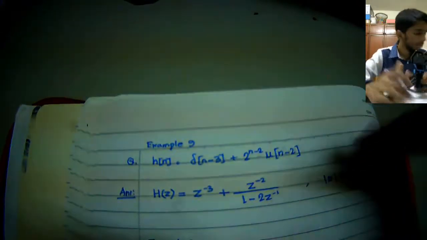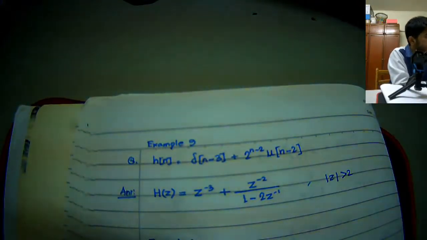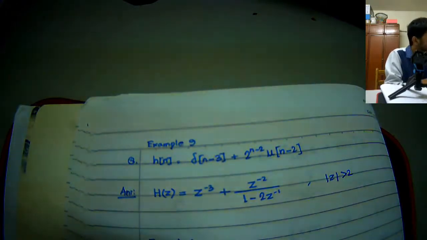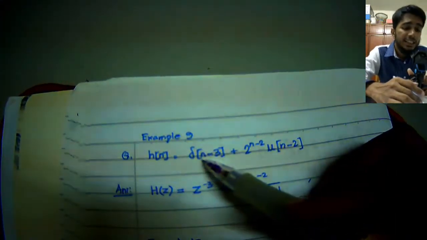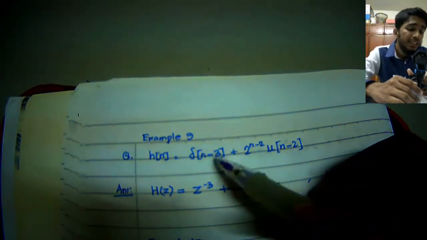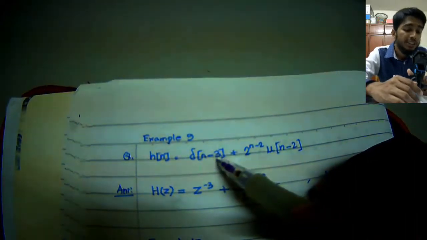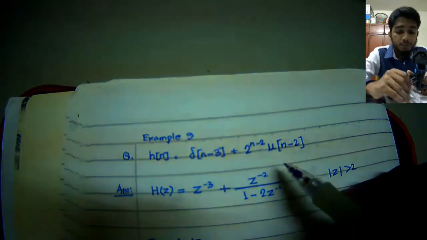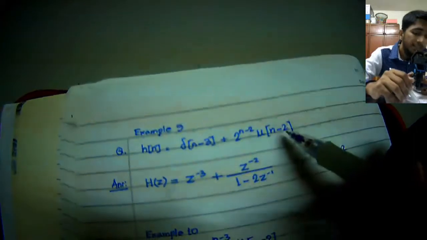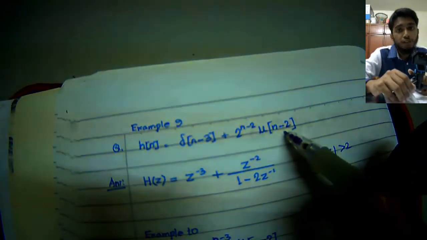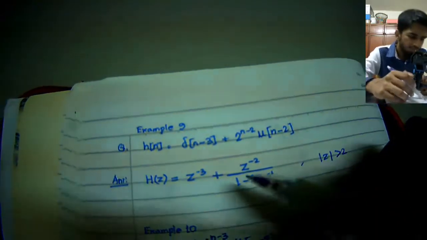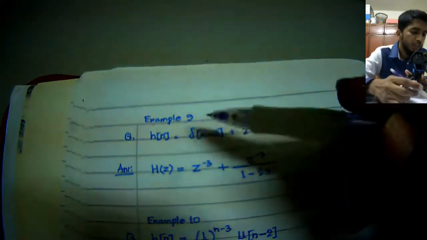Now regarding the second property, which refers to time shifting, we can see that in our question we have delta[n minus 3]. This minus 3 represents a delay of 3, and here we have n plus 2, which represents a shift of 2. So let's just do it the normal way.